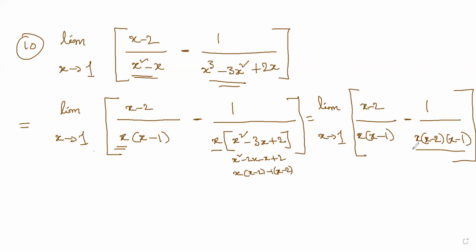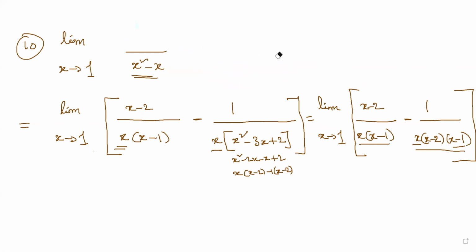Once you factorize this, you see x into x minus 1 is common out of these two terms. So it becomes limit x tends to 1.